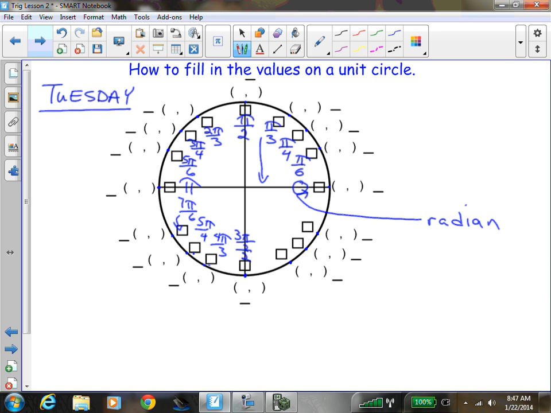Now over in the fourth quadrant, this is a 3, this is a 4, this is a 6. What's the rule for the numerator here? You can just memorize, but there's actually a rule.